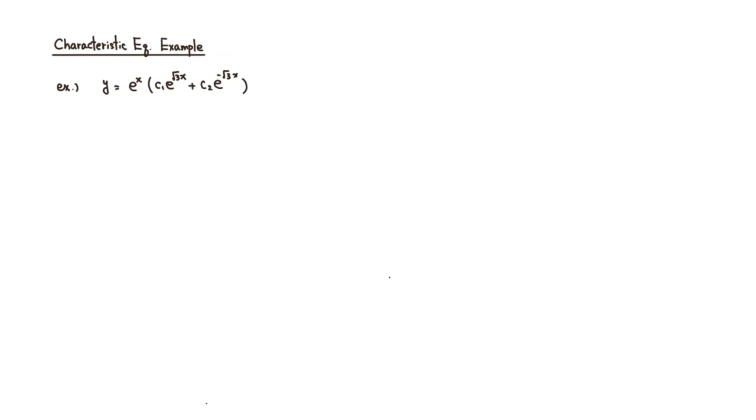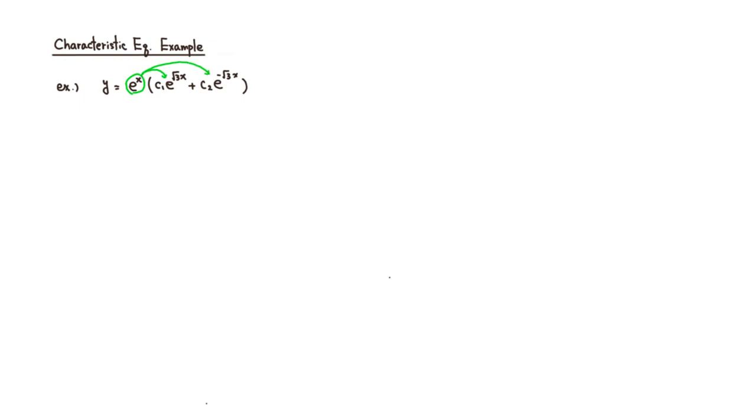The solution is y equals e to the x times the quantity c1 e to the square root of 3x plus c2 times e to the negative square root of 3x. I'm going to distribute e to the x to each term so that we can find r1 and r2.